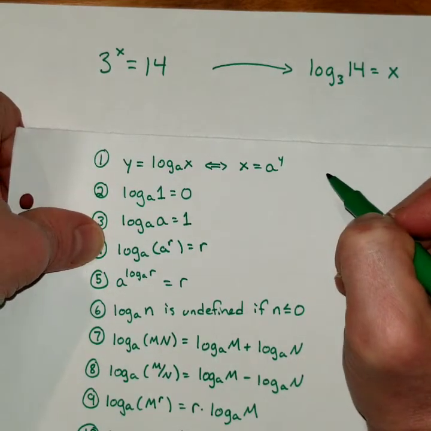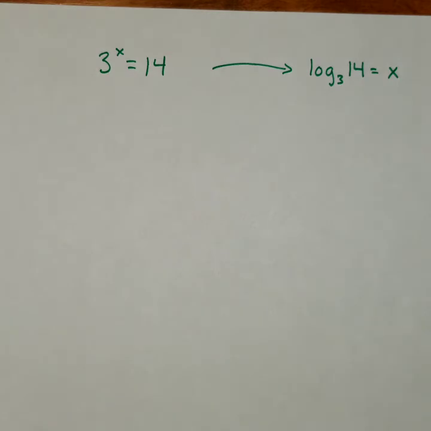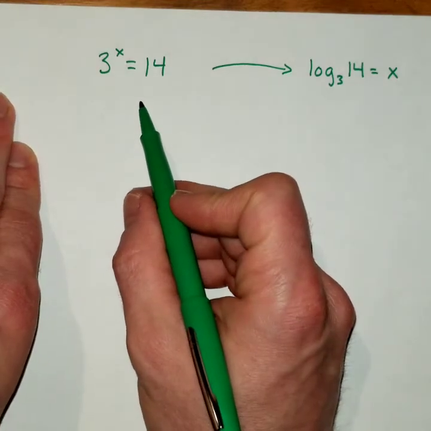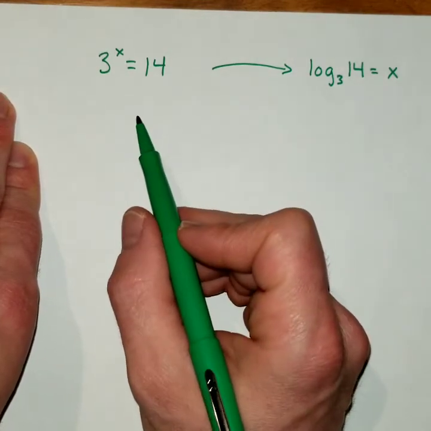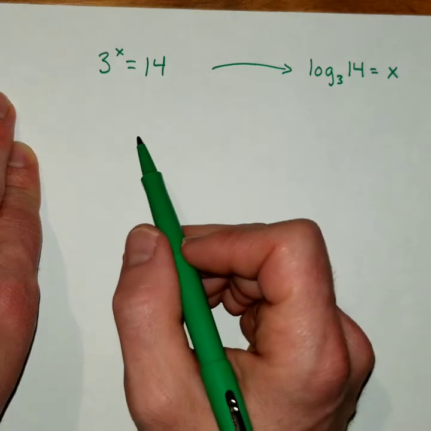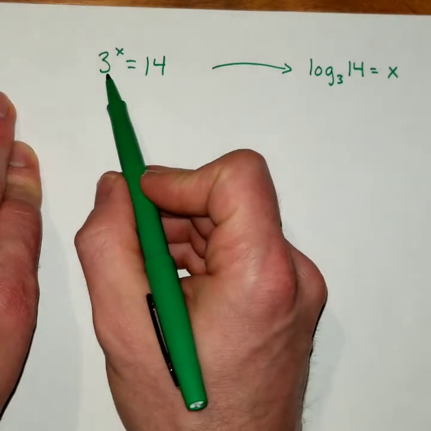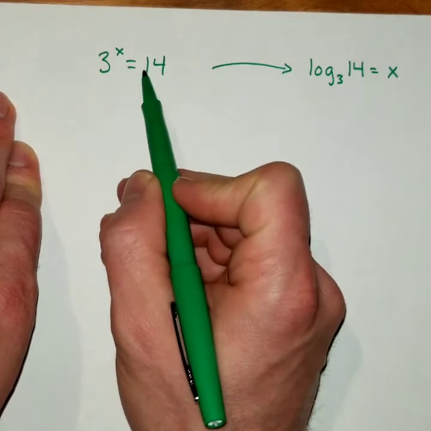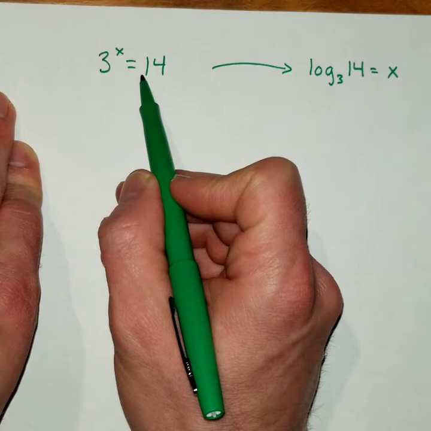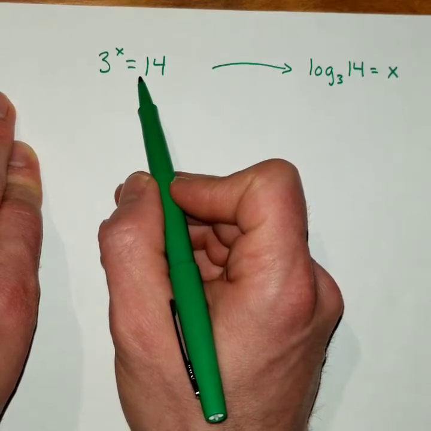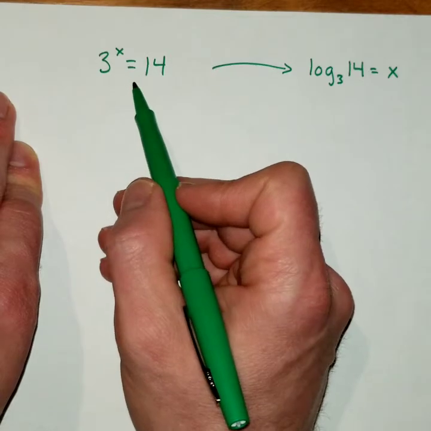Very simple. Okay. However, there's another method that I think is going to be useful on more complicated problems, and that is to take the log of both sides. This can be done because logarithms are one-to-one functions, and if you use two equal expressions as the input for a one-to-one function, you get equal values.